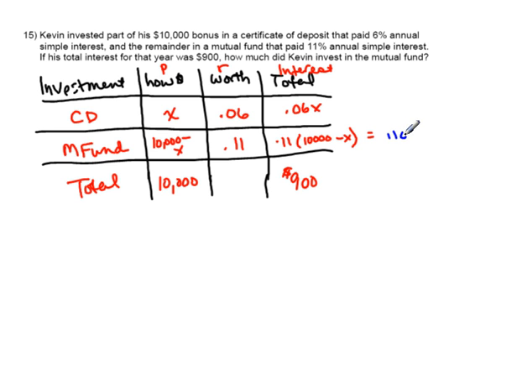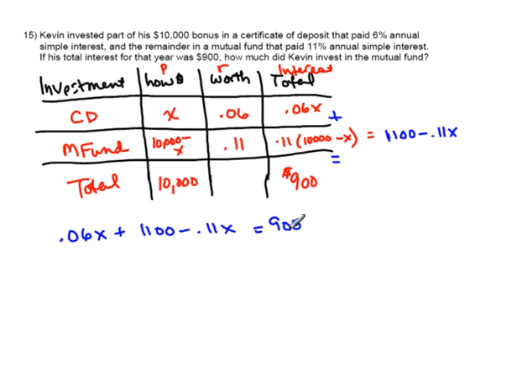Here you're going to get 1100 minus 0.11x when you distribute. So here's your equation, 0.06x plus this amount equals the total interest earned, which was $900. So we have 0.06x plus 1100 minus 0.11x equals 900.